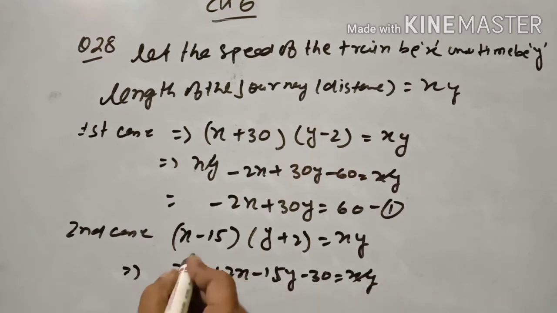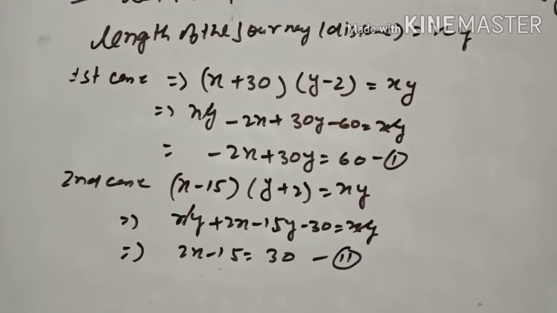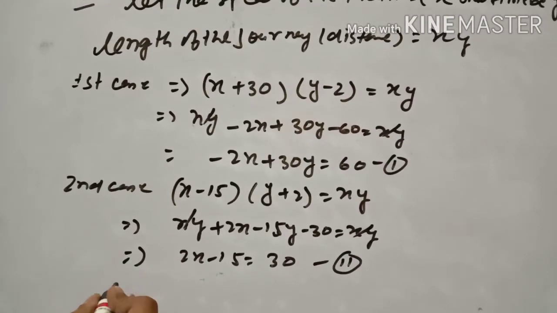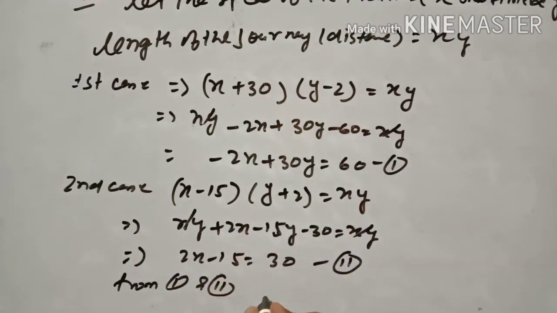Remove xy from both sides, so 2x minus 15y equal to plus 30. This is equation number 2. From equation 1 and 2, 2x minus 2x cancels, and 30y minus 15y, so it will be 15y equal to 30 plus 60 equal to 90, therefore y equal to 6.